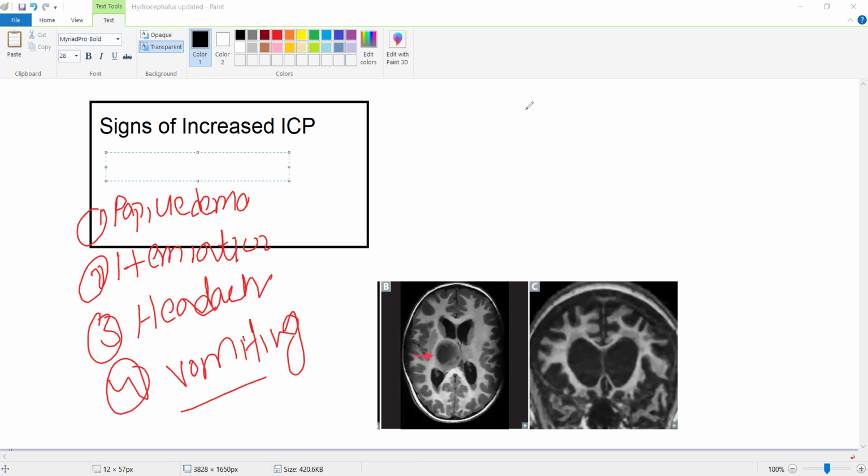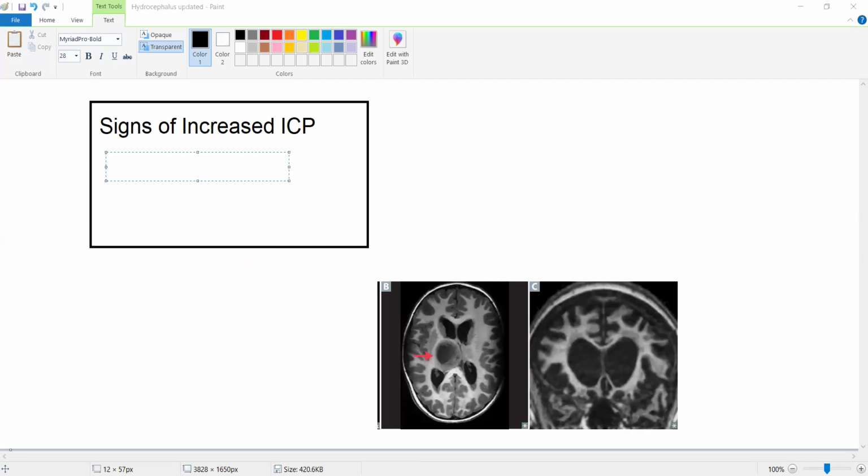Okay, so let's move toward the clinical vignette. Okay, Rob, can you read clinical vignette one? Anybody can read clinical vignette one.